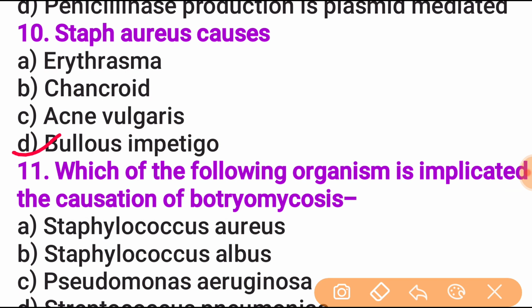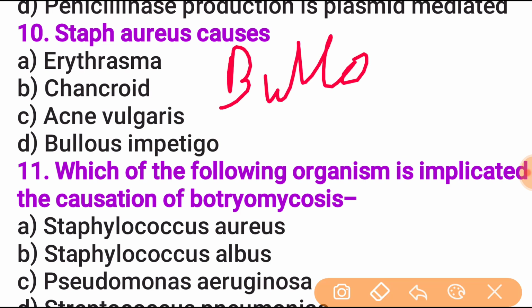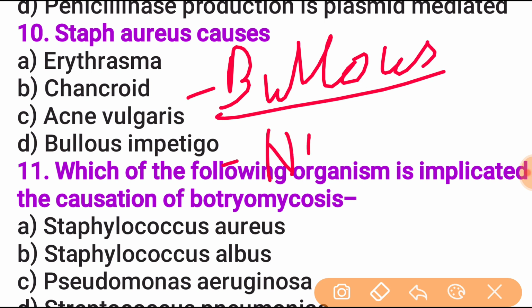Impetigo is divided into two groups: bullous and non-bullous.